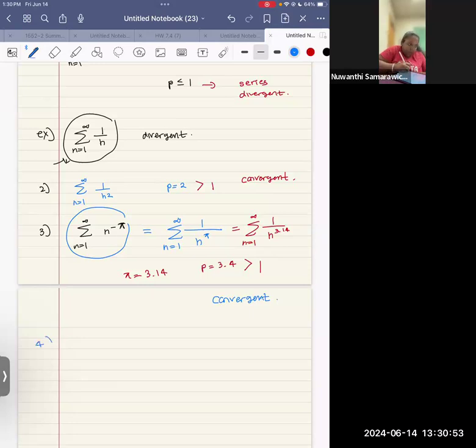Okay. Now for the last example, what about if you have something like this? n to the power negative 2.8 plus n to the power negative 1.6. What do you think? Is it convergent or divergent?